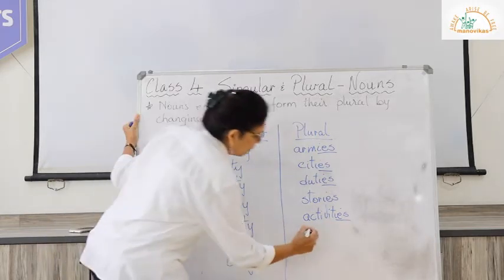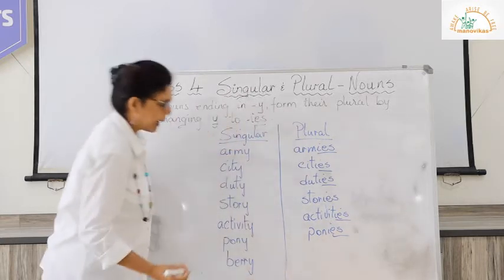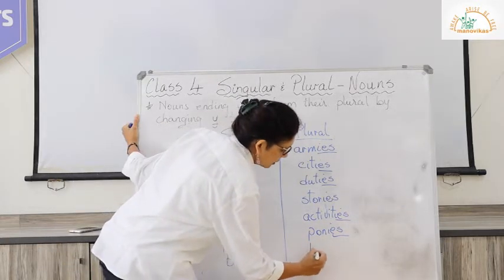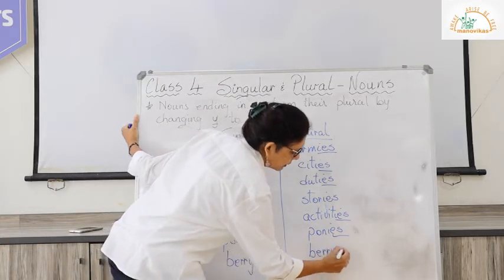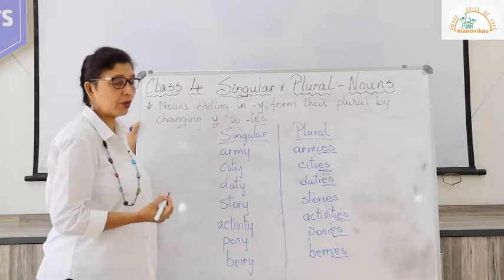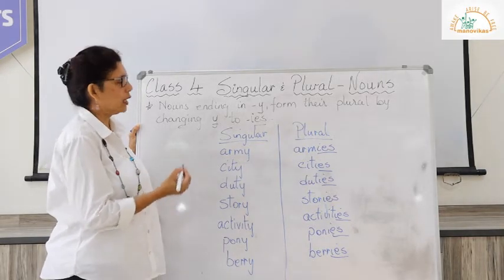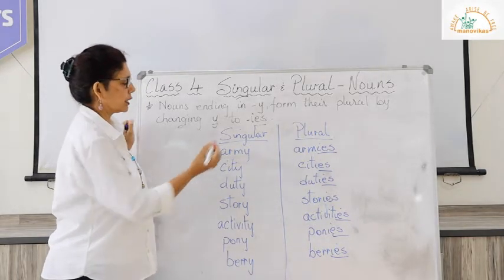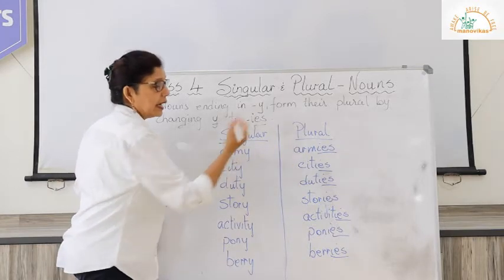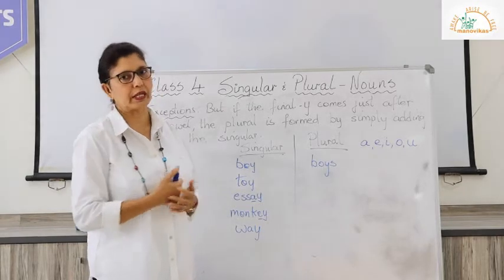Pony becomes ponies. And berry becomes berries. These are just a few examples that I've given you. There are many more. So remember that nouns that end with a Y will change the Y to IES, or you can say you drop the Y and add IES. So students, let's go to the next rule.